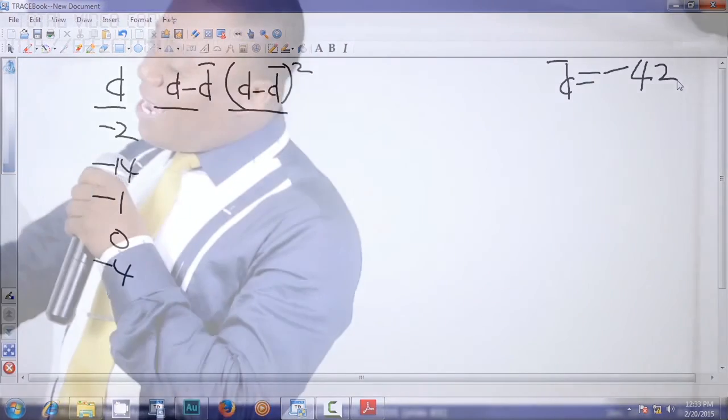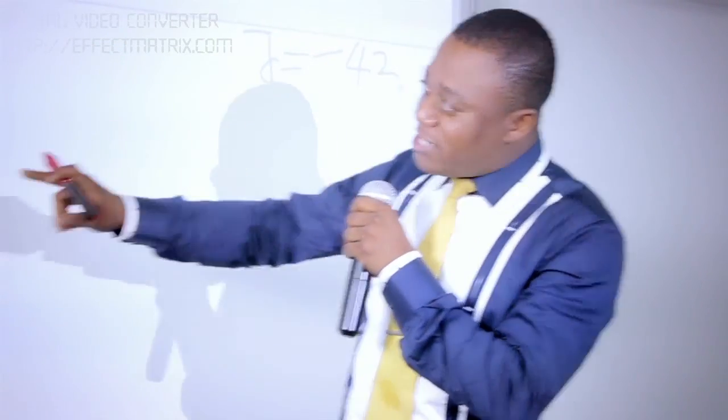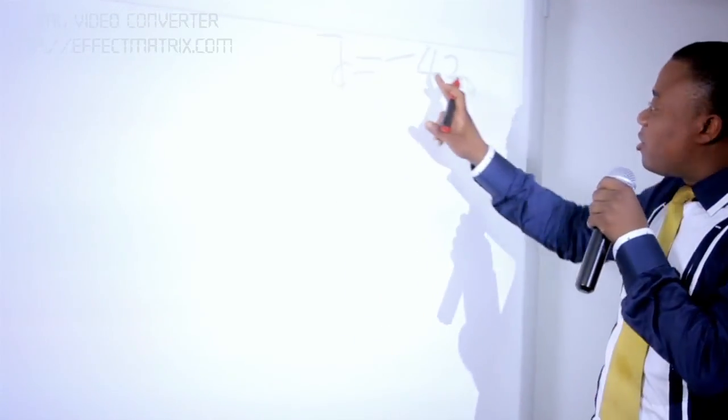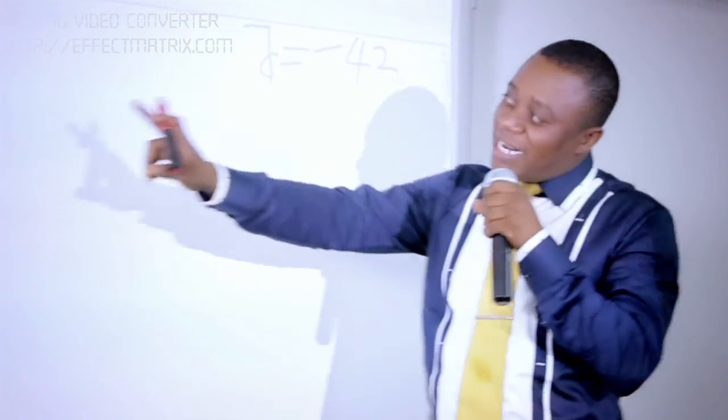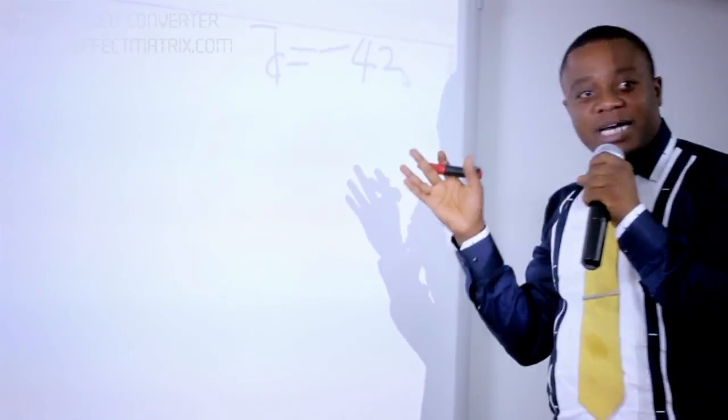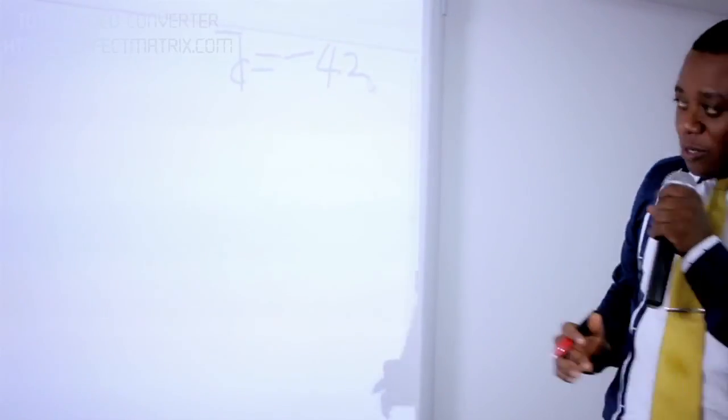Now in our next column, watch this carefully because this could be quite tricky. The rule is saying that the individual observation difference minus the mean difference. And the mean difference is already negative, and there is another negative. So when you have negative, it's going to be positive.